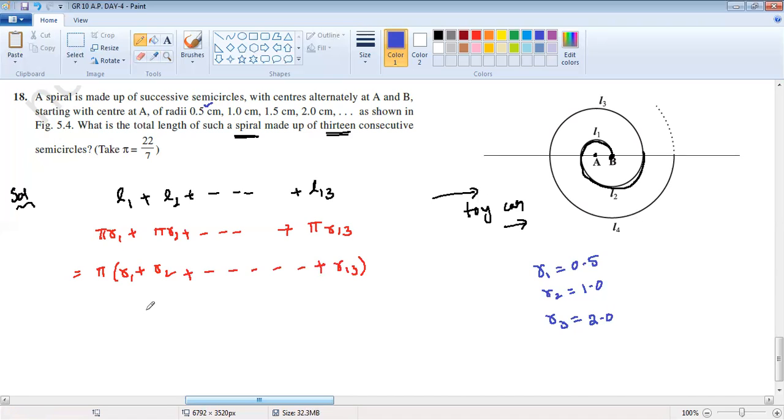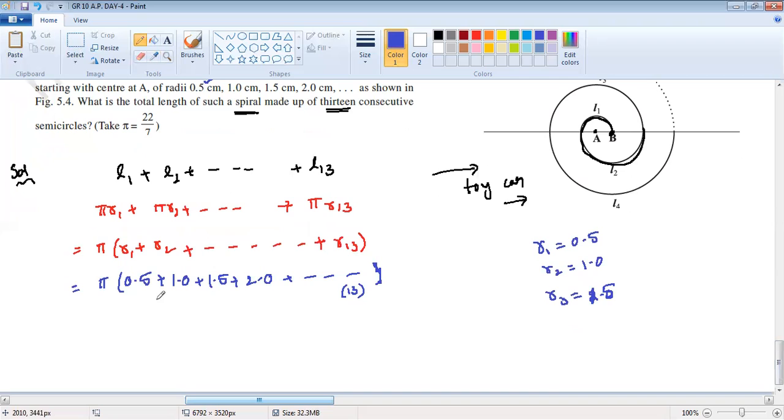Please write all of this. So it becomes 0.5, 1.0, 1.5, plus 2.0 and so on, totally 13 terms. This result is in AP. The first term a is 0.5 and the common difference is 0.5, so we can apply the formula.